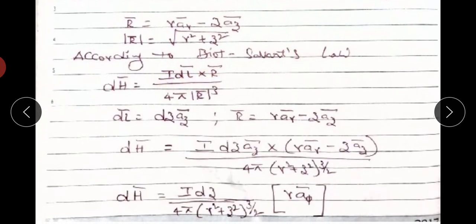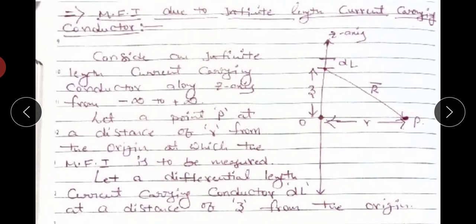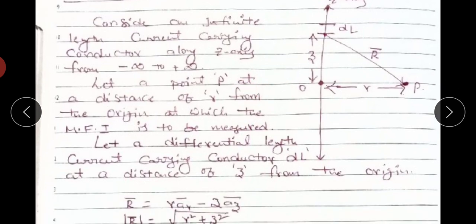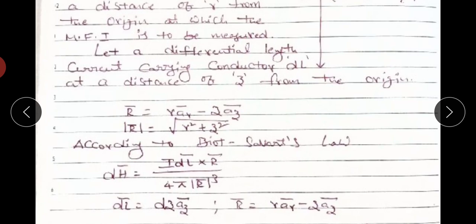Next, the dl bar vector. dl bar means the differential length vector of the conductor. Here the current direction is the positive z axis direction, so the current unit vector is az bar. The conductor is located on the z axis, so the differential length is in the z axis. So dl bar equals dz into az bar.